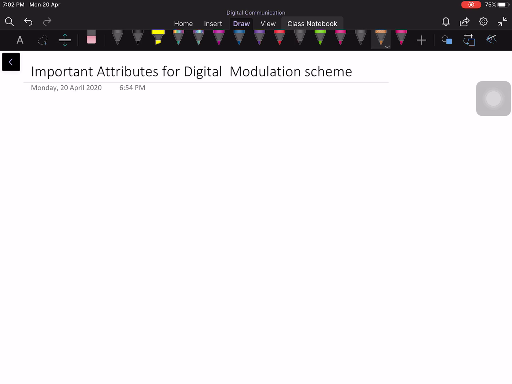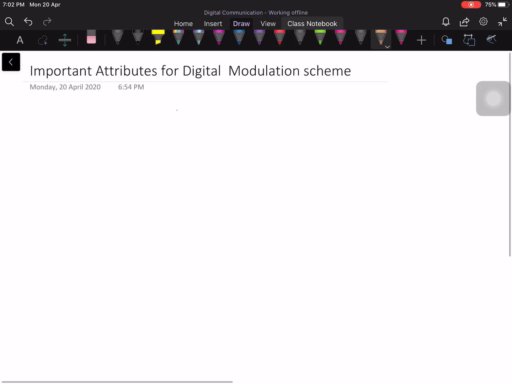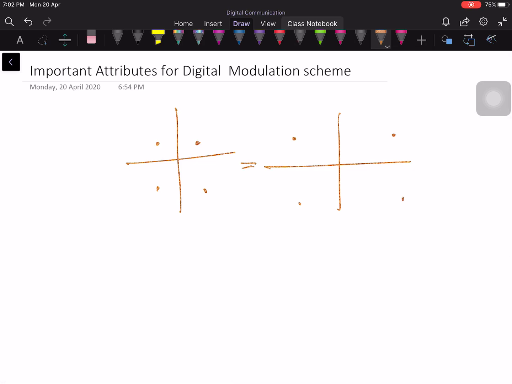On what basis should I design this constellation diagram, and in what way could I put the points? Suppose one person says, I may put the points like this, and some other person says, no, you put the points far away from here. What is the difference between these two? We should find out on what basis you are going to put the points in the constellation diagram.